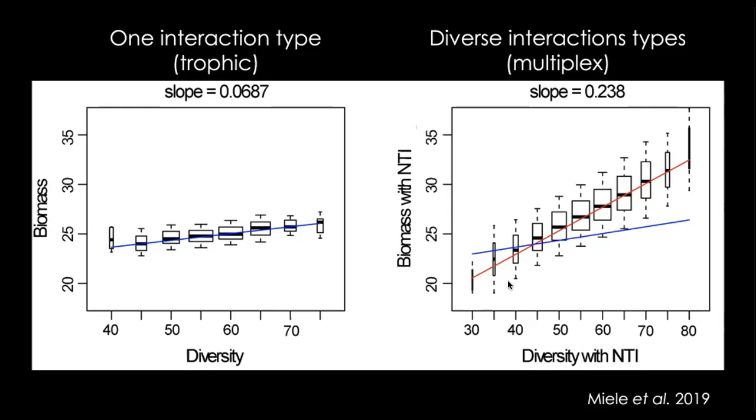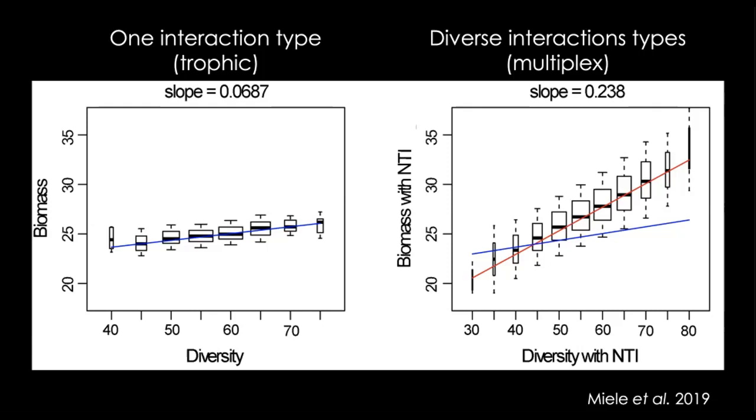Conversely, these communities here are communities where you have a few strong negative non-trophic interactions, and that decreases species diversity and the associated biomass even more compared to a food web alone. So what this suggests is that as soon as you have non-trophic interaction, and you have communities where you have a bit more positive and other communities where you have a bit more negative non-trophic interactions, it will probably make this slope steeper than you would expect if you would take only feeding interactions into account.